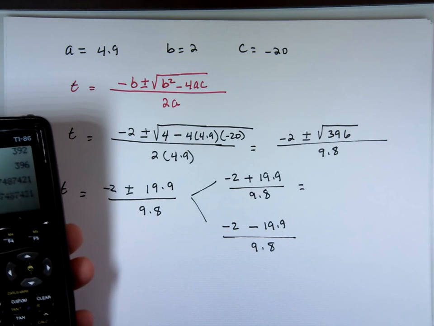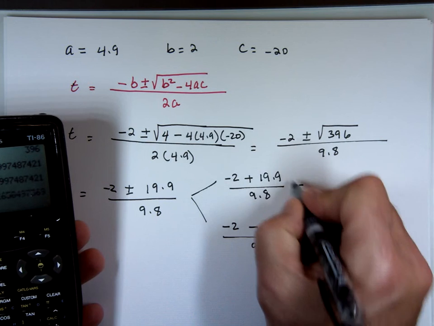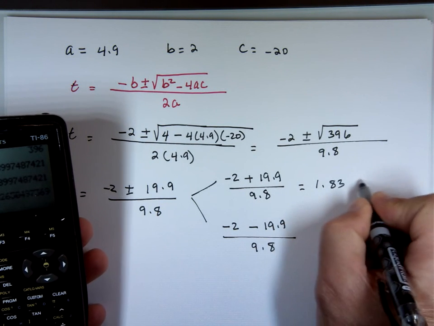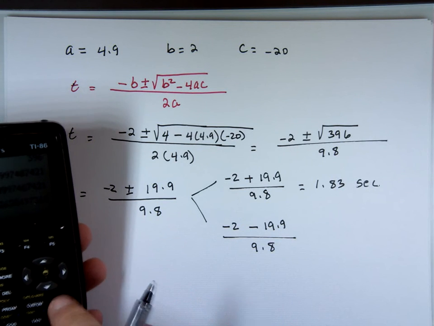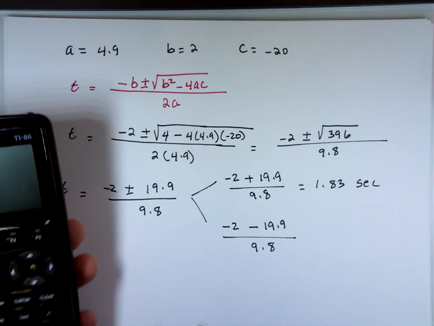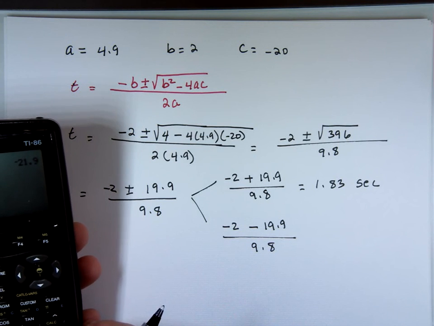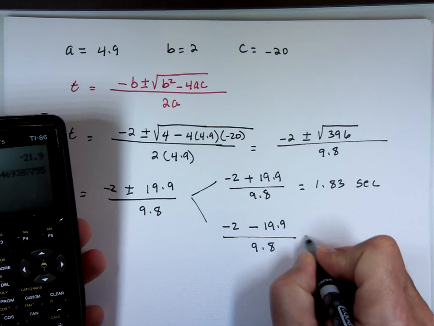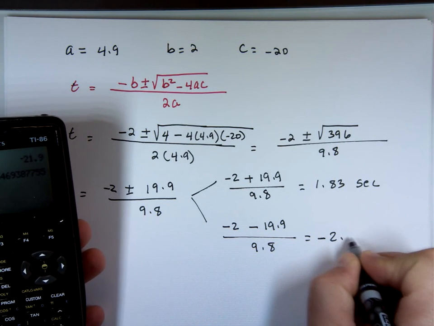This one is 1.83 seconds, and negative 2 minus 19.9 divided by 9.8 is negative 2.23 seconds.